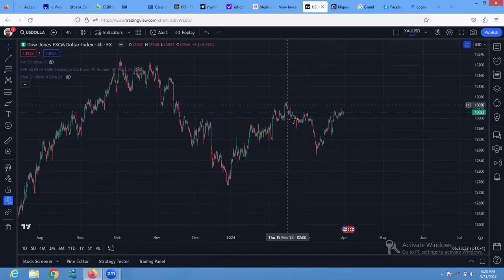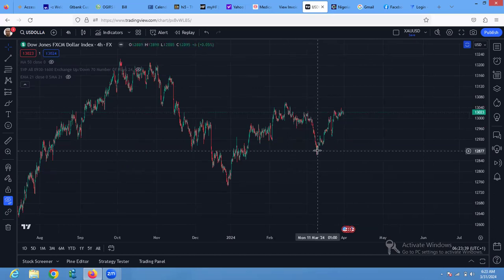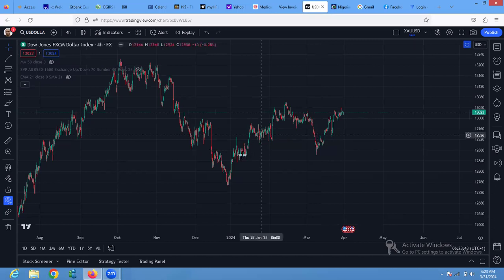So where we have the first move, this one in the middle, and the second move, the third move to the downside. So basically, this is looking like in the middle here, a 3-wave, in the middle here, a 3-wave.